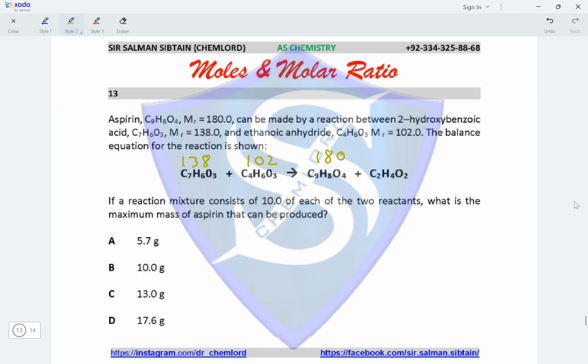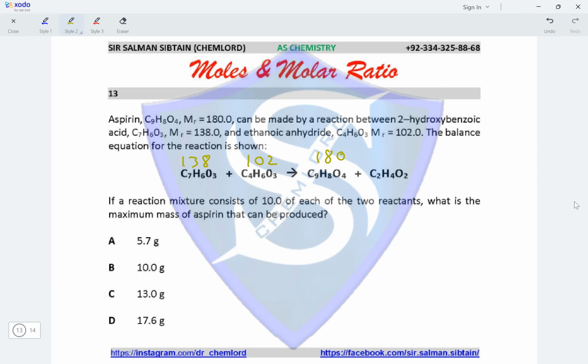If a reaction mixture consists of 10 grams of each of the two reactants, what is the maximum mass of aspirin that can be produced? Looking at the Mr values, the mass of the first reactant is 138 and the second reactant is 102.